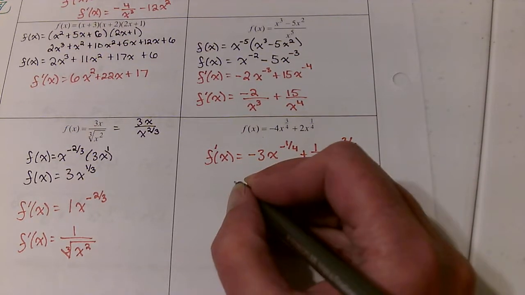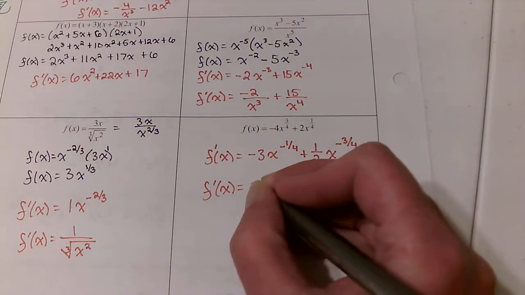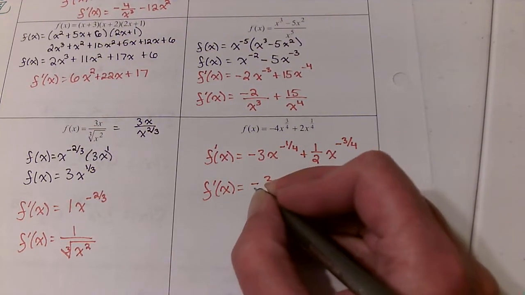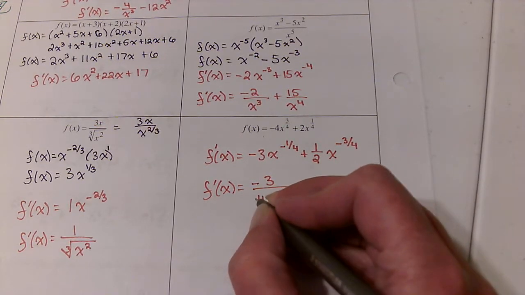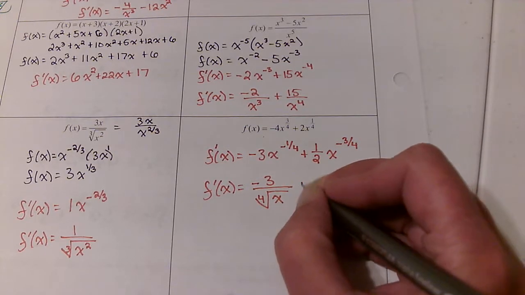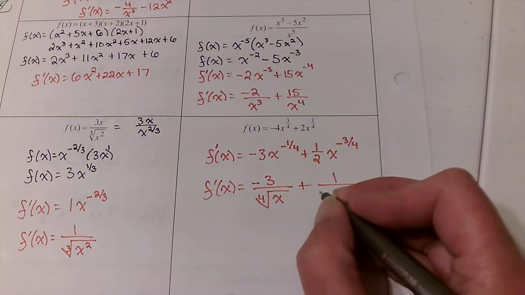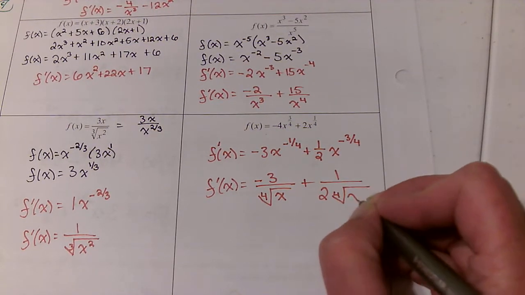Let's see, that would be over x to the 1/4, which is the 4th root of x, plus 1 over 2 4th root of x cubed.